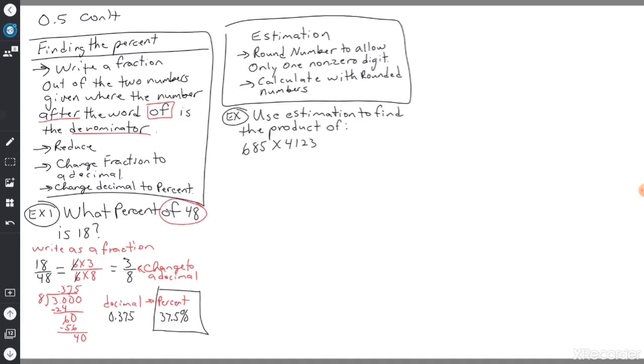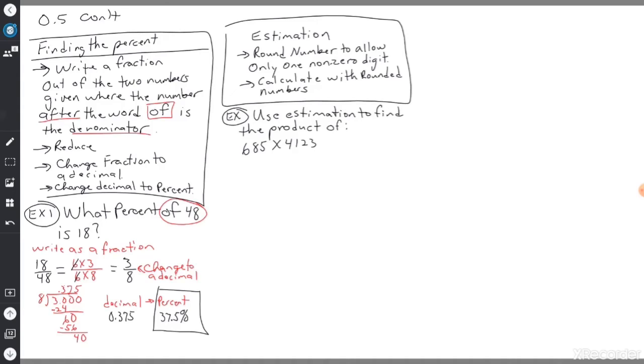But if the second digit is less than 5, then we round it to just the first digit and the rest as zeros. And then we're going to make the calculation with the rounded number. So that's how we use estimation.